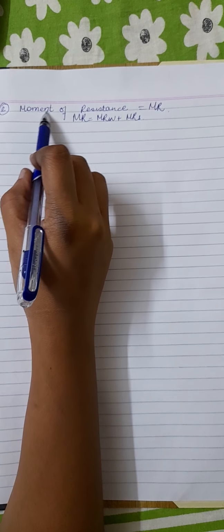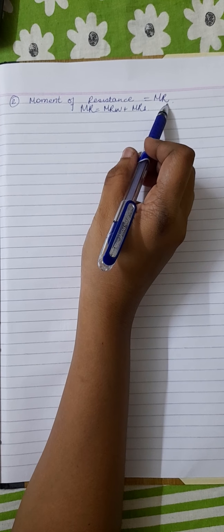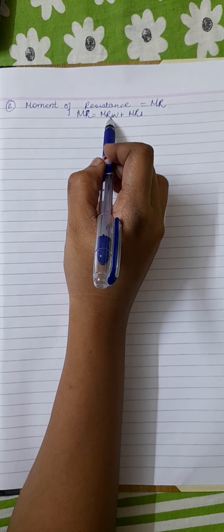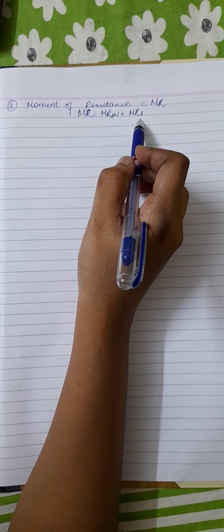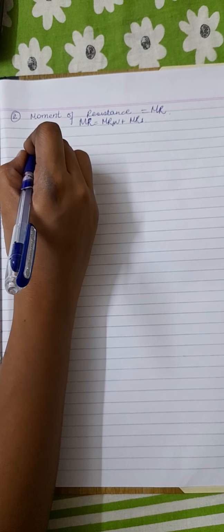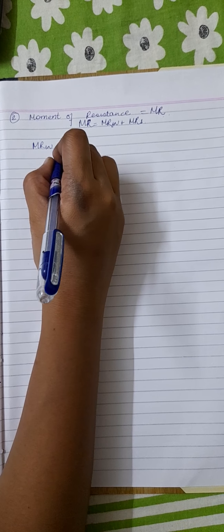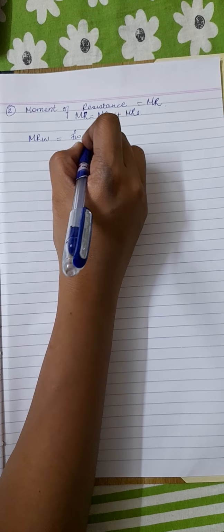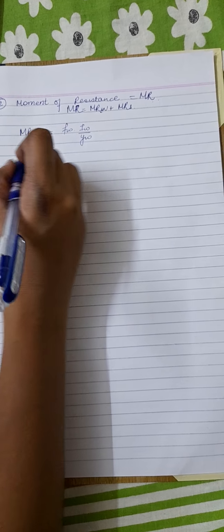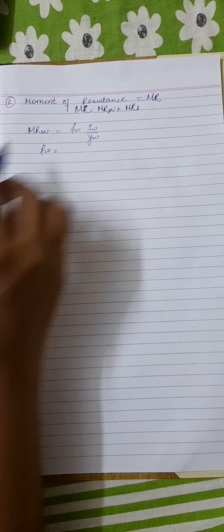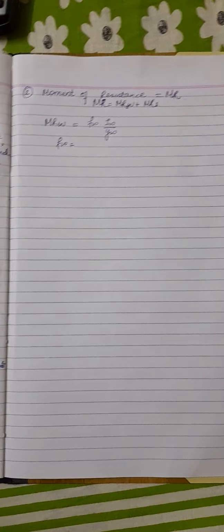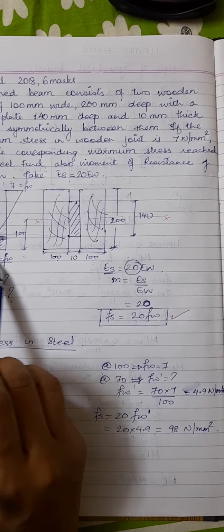Second step, moment of resistance is equal to Mr. So Mr is moment of resistance in wood plus moment of resistance in steel. This is the same thing what we have done for all your problems. So moment of resistance in wood, let us calculate. It is Fw into Iw divided by Yw. What is our Fw? Fw is this maximum stress.